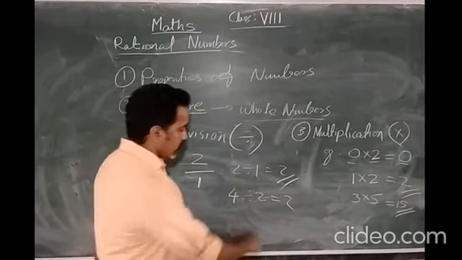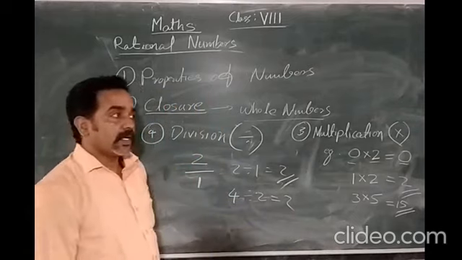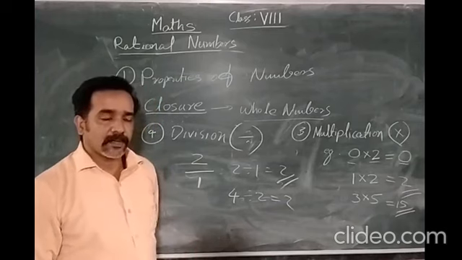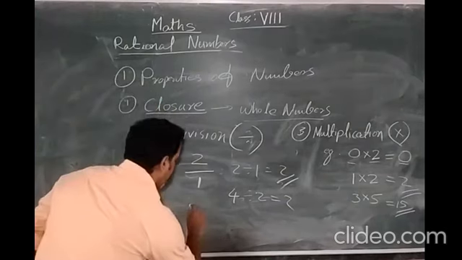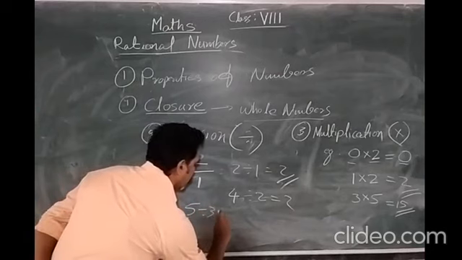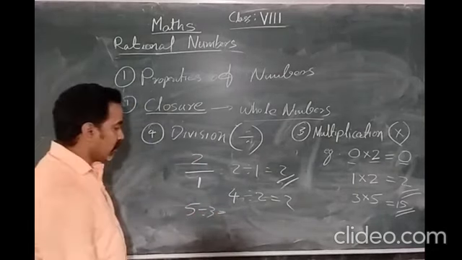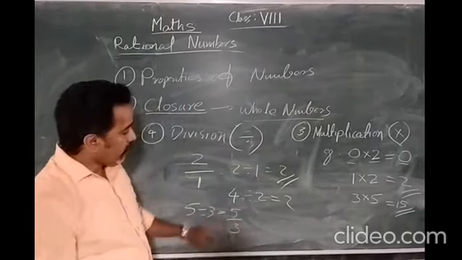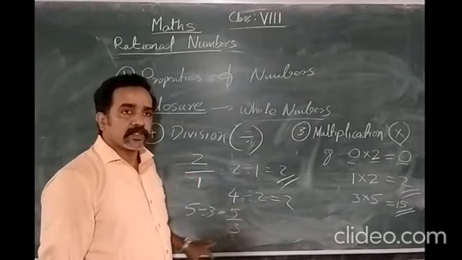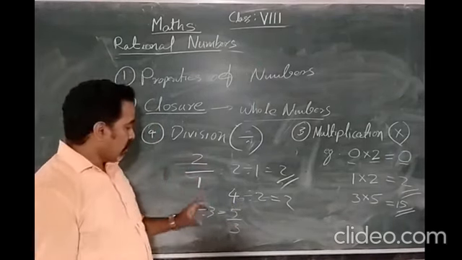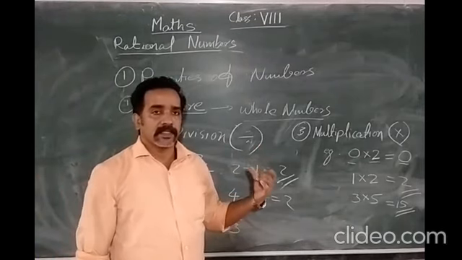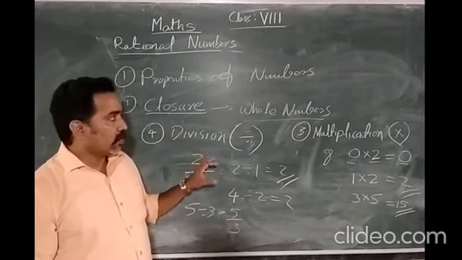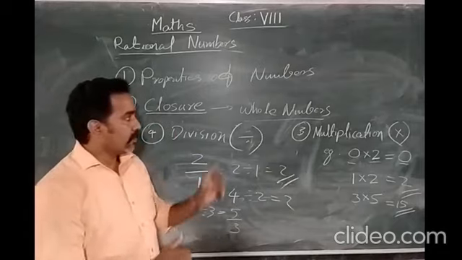But only in some cases will we get the result as a whole number. 5 divided by 3, is it a whole number? The answer will not be a whole number, it will be a fraction. So we can say that division is not closed in the set of whole numbers.